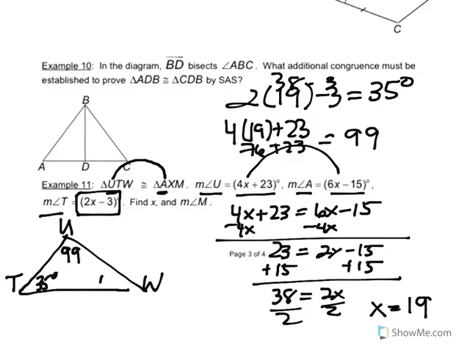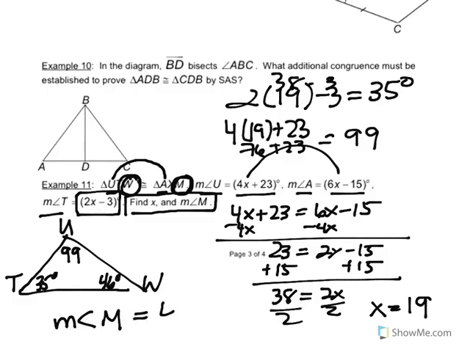So we know this one's going to be 46. The question says, what's the measure of angle M? M is in the same position as the W angle, so we know that the measure of angle M is 46 degrees.